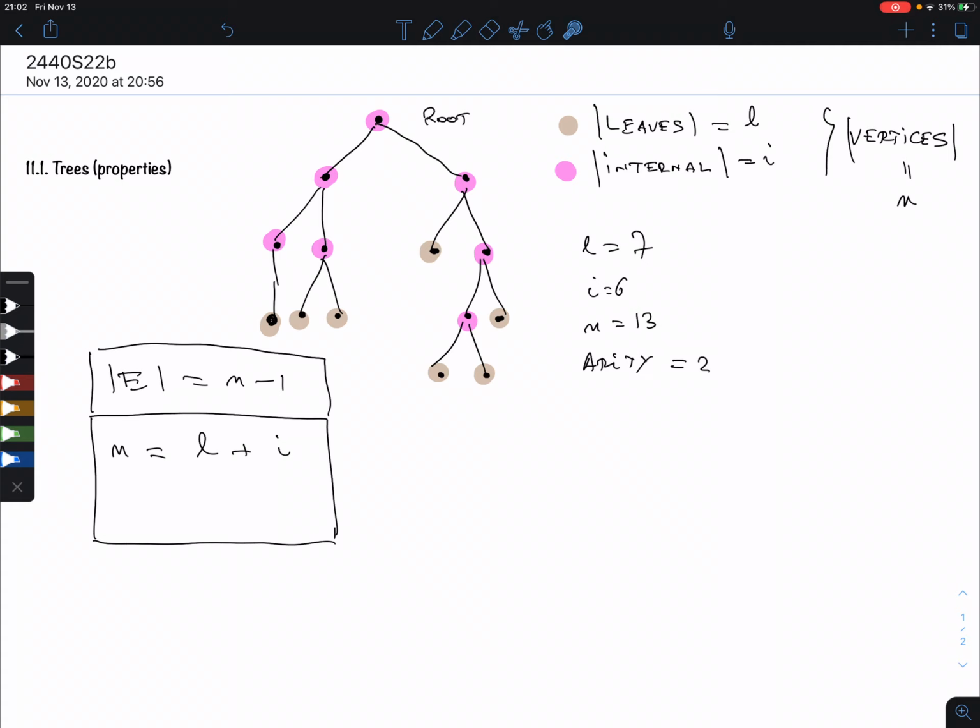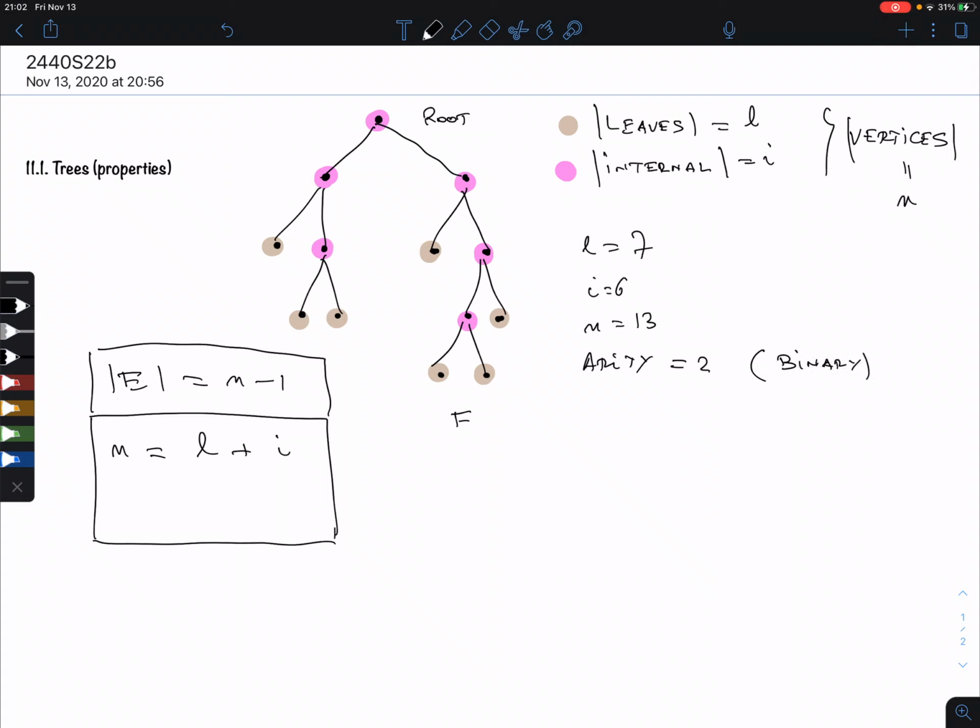However, we are going to be interested in the case that we just had. So I'll return to that case, where everyone has exactly 2 children or no children. If you're a leaf, you have no children, otherwise you have 2 children. So a tree of arity 2 is called a binary tree.